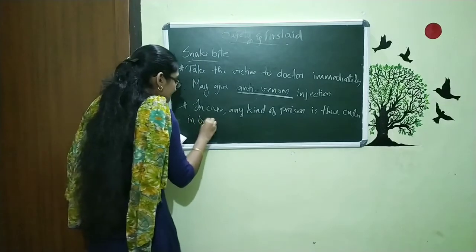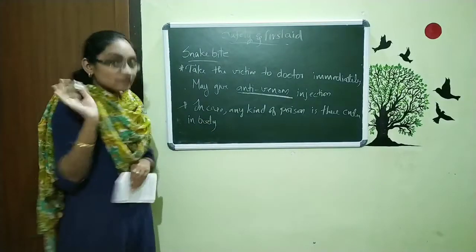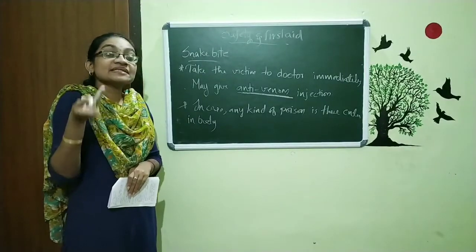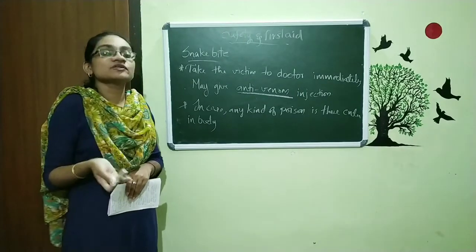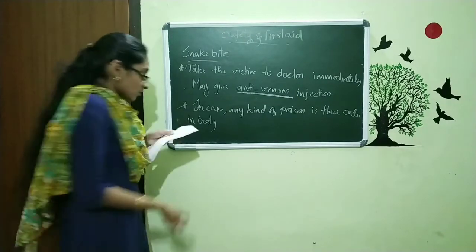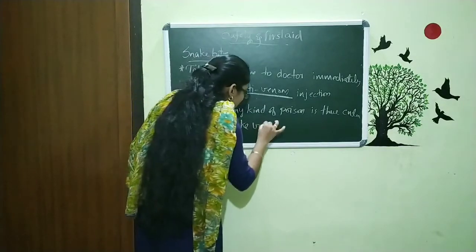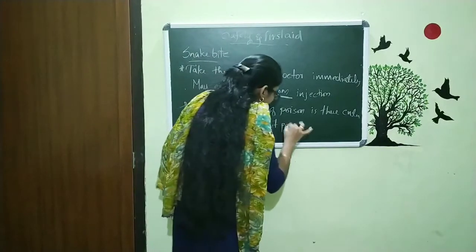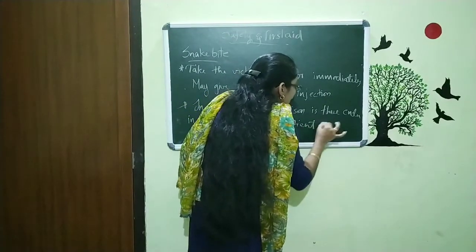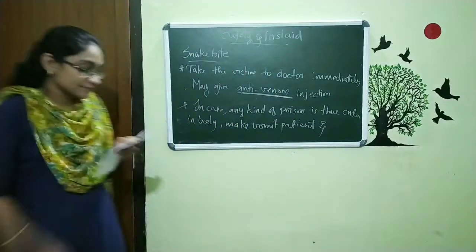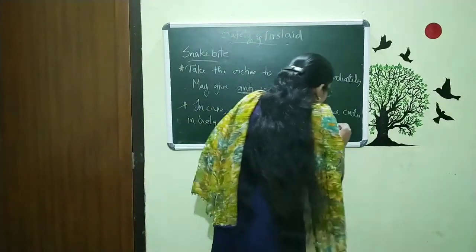That means when any type of poison is entering the body through the mouth, what we want to do is make the patient vomit, and bring the doctor immediately or call the doctor immediately.